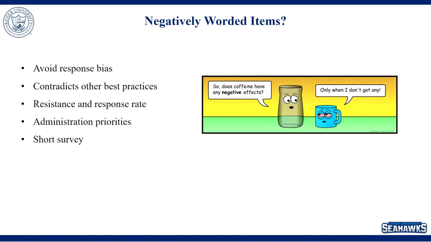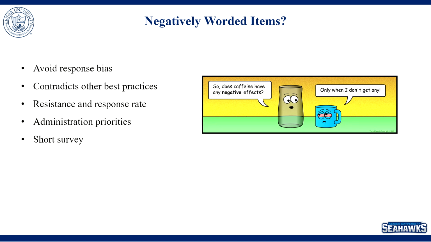Negatively worded items. What this means is if you have, let's say on job satisfaction, where it's addressing how satisfied you are with pay, how satisfied you are with your manager, and then all of a sudden you would have an item that is negatively worded.